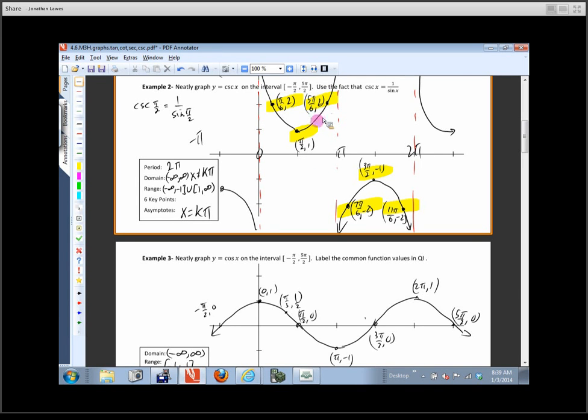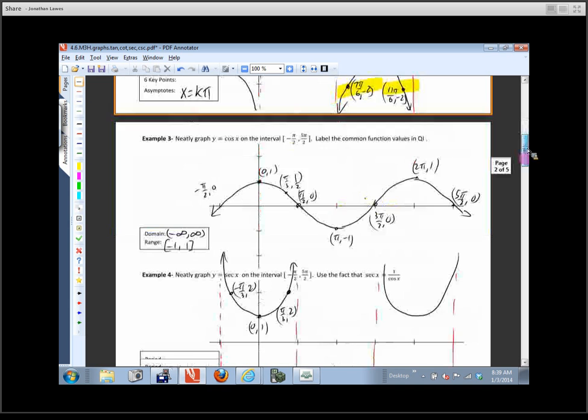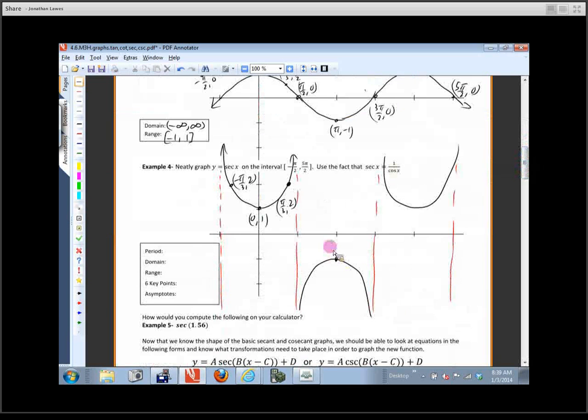So these shapes are exactly the same, okay? And if this one right here is at pi, the reciprocal of -1 would be -1. And if I go pi thirds over here, this is going to be 5 pi thirds, -2.